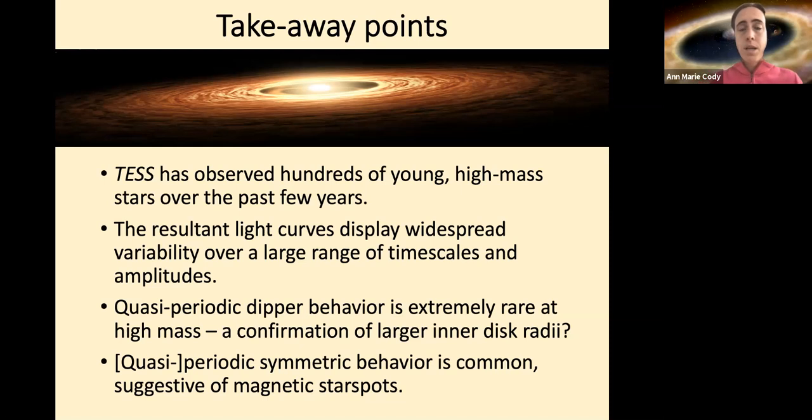So that was a bit of a summary. As you can see, there is much to do in continuing to explore the high mass stars observed by TESS and to follow up on them. And I'm excited to see what the full comparison with the lower mass young stars reveals.